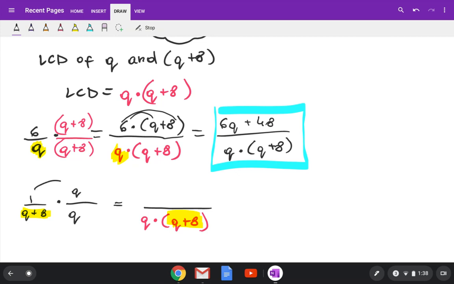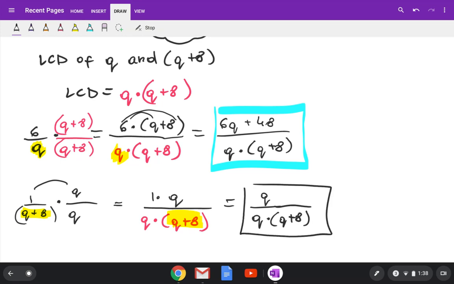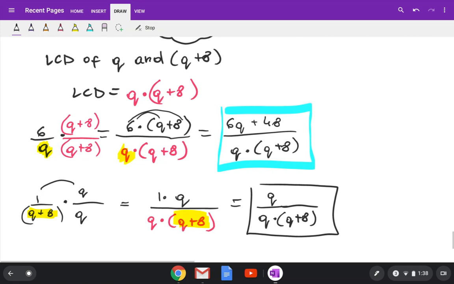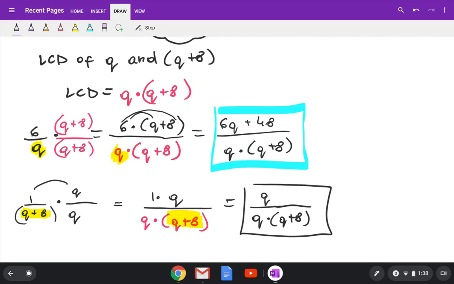We get 1 times q over q plus 8 times q, and that gives you q over q times q plus 8. Again, you don't cancel anything here because they want you to build that equivalent fraction, so we keep it that way. So that was number 37.